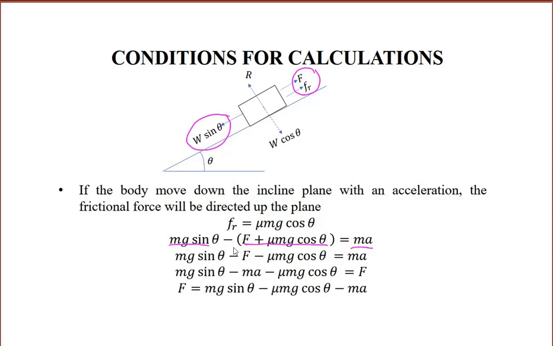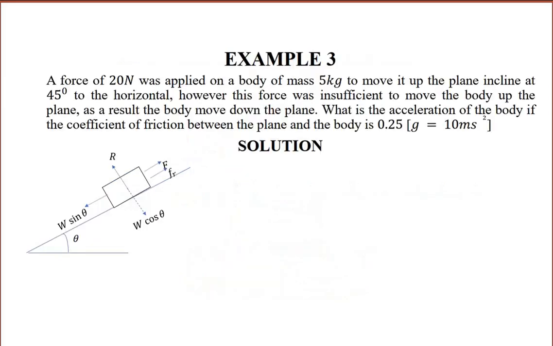If we open the bracket, we have minus F minus mu mg cos theta. Then we have mg sine theta minus F minus mu mg cos theta equals ma, making F the subject of the formula. We will have this relationship when the body moves down the inclined plane with a uniform acceleration.